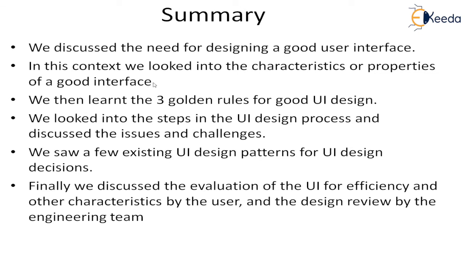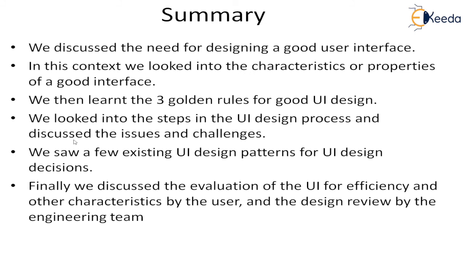So we know how the user sees a good interface. We then learned the three golden rules which we can follow for good user interface design. Then we looked into the steps required for the UI design process and discussed some of the issues and challenges in it. Then we saw a few existing UI design patterns.